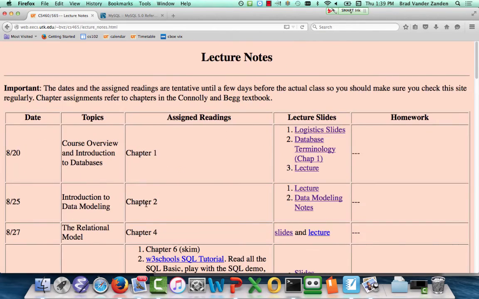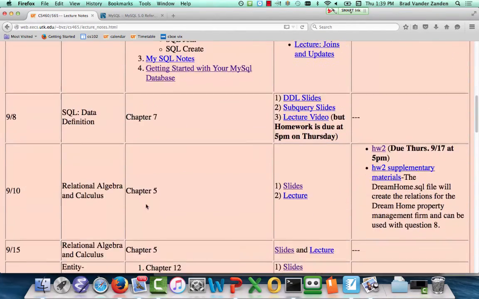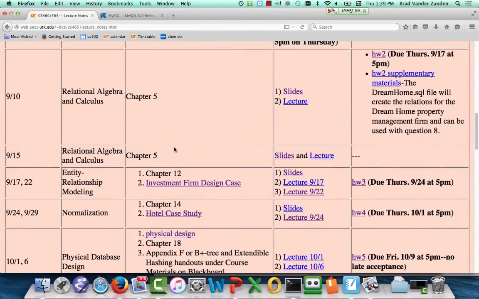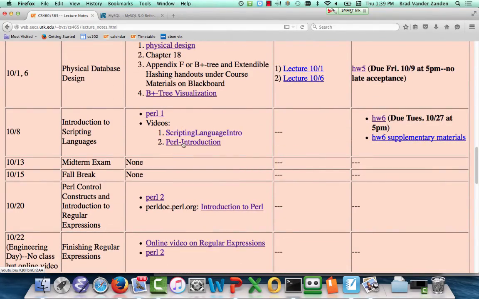So for today, there's actually a couple of lectures that you can look at. If you want to go through it more slowly than what I'm going to go through right now, feel free after class to look at the lecture entitled Perl Introduction. There's also a slower version of what I just went through, Scripting Language Intro. But the scripting language intro won't really say anything different than what I just did.